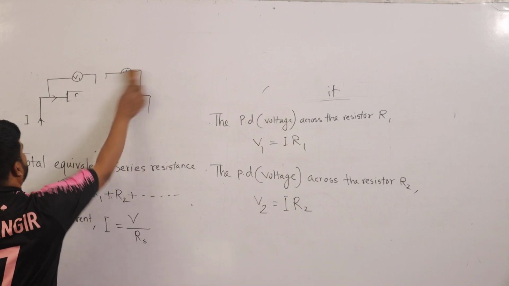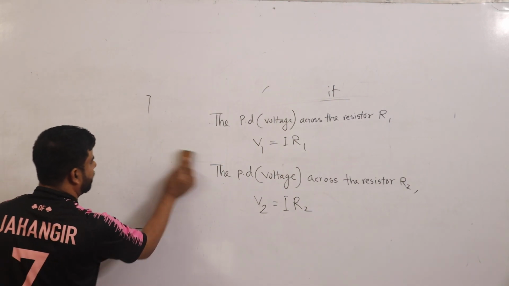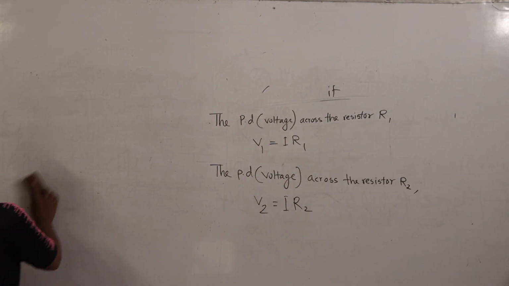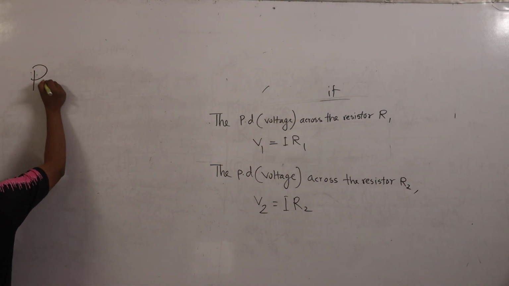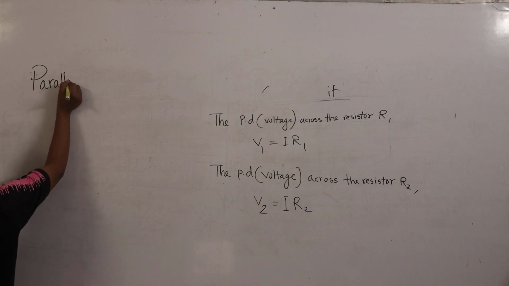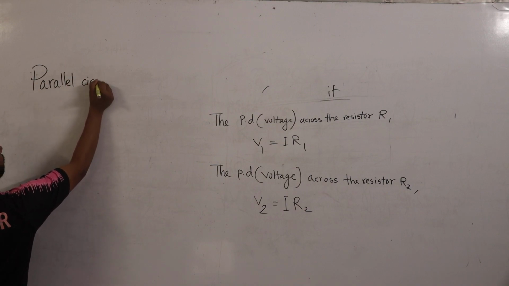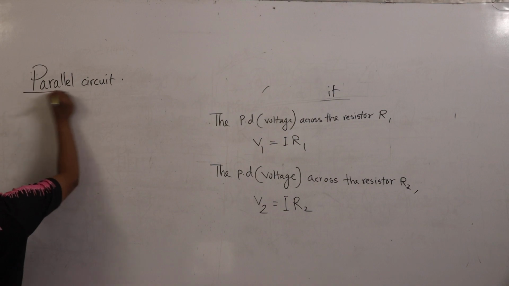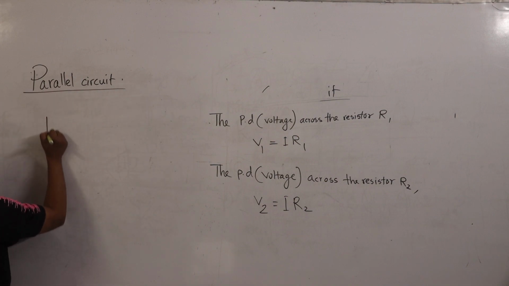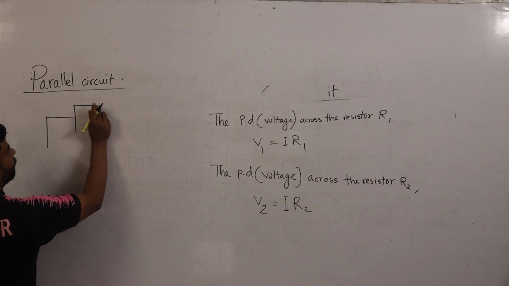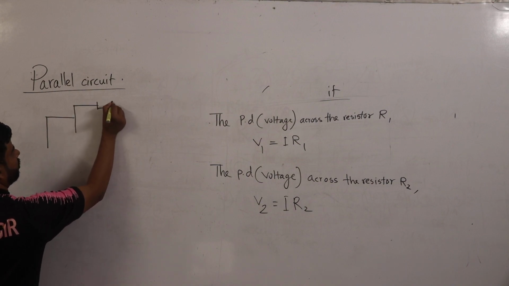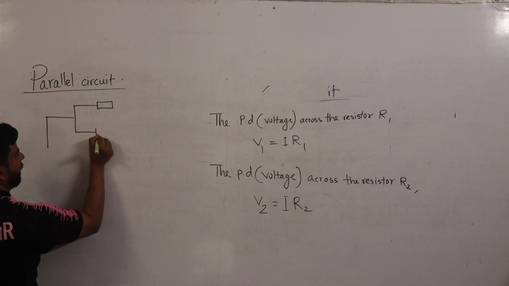Now we want to solve the parallel circuit. What is a parallel circuit? In a parallel circuit, the circuit's components are connected in such a way that there is a lot of alternating path.